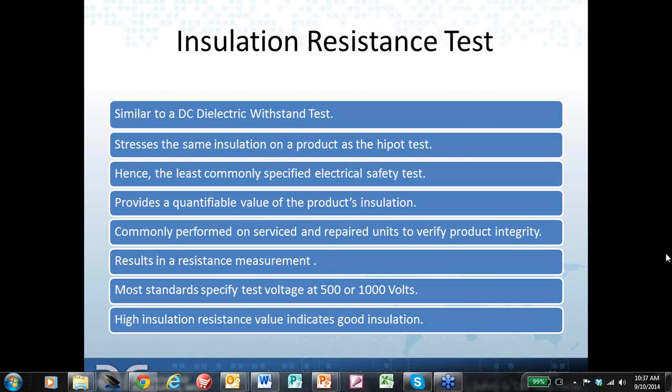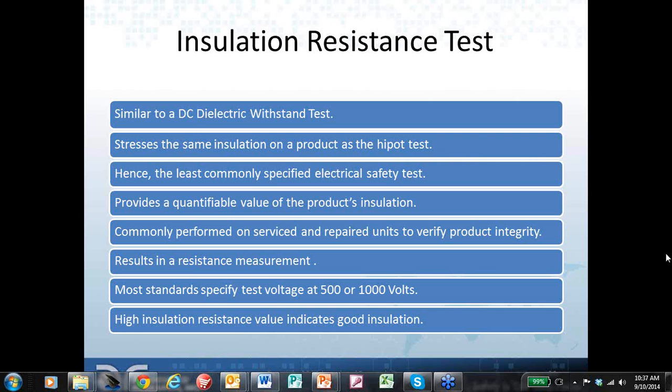That's basically the big difference here, whereas an insulation resistance tester refers to an instrument that measures the resistance of a product's insulation system.